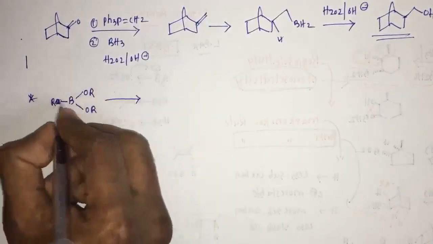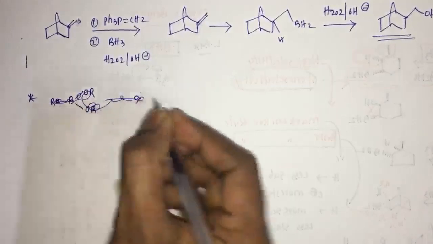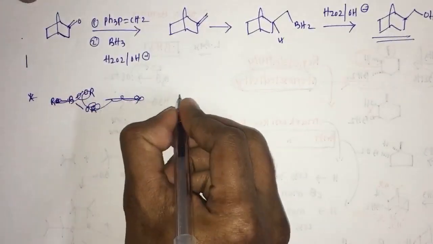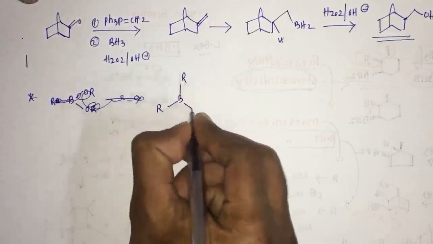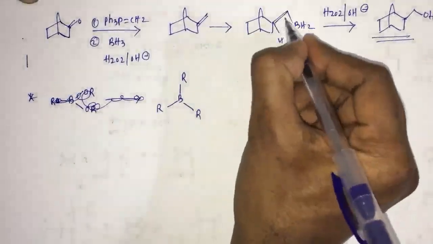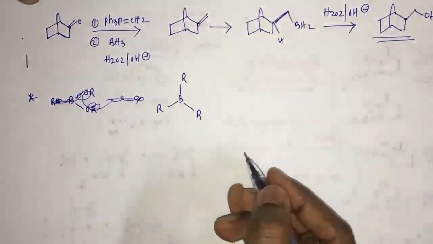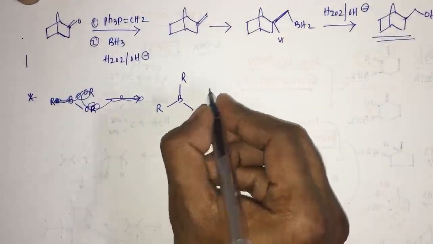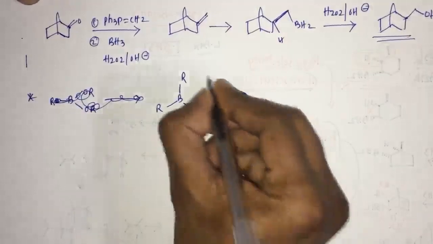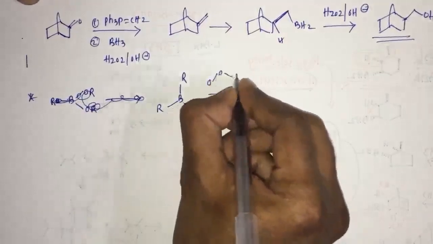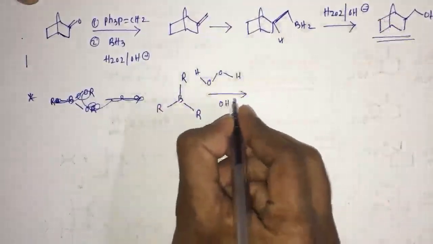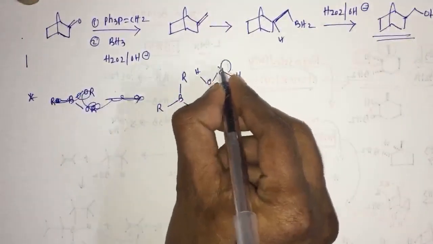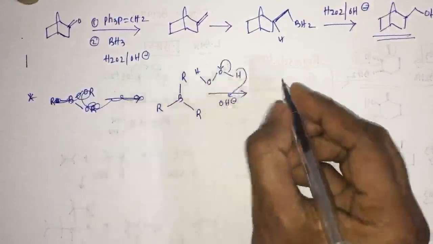Sorry, not alkyl, see alkyl boranes, here it's alkyl only, right? Now we have H2O2 here, and the base abstracts one hydrogen, and this bond goes like this, it comes here.